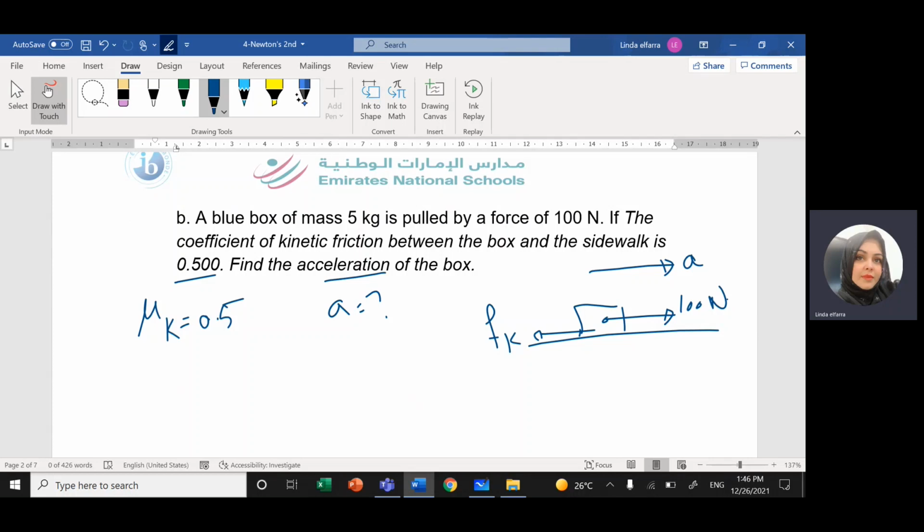Continue the free body diagram with all the forces acting on the object. From the middle here, I have the weight Fg, which equals 50 Newton, and I have a normal force up, and this is balanced with the weight.